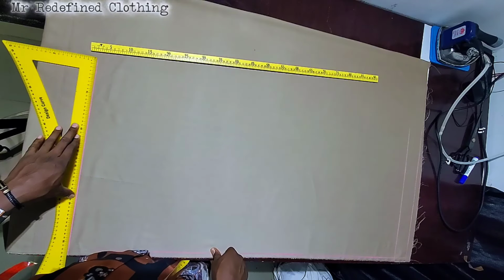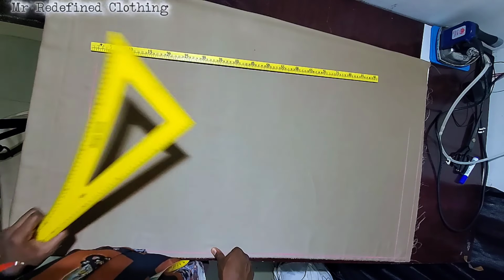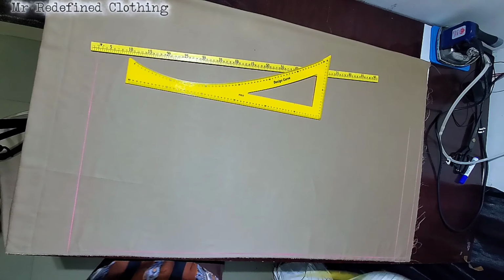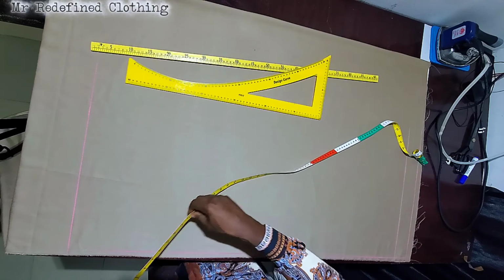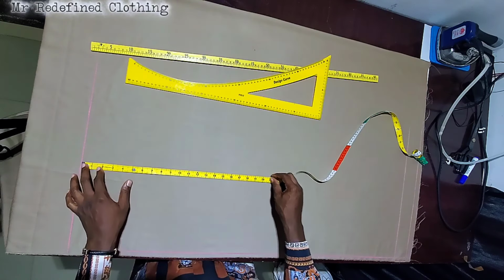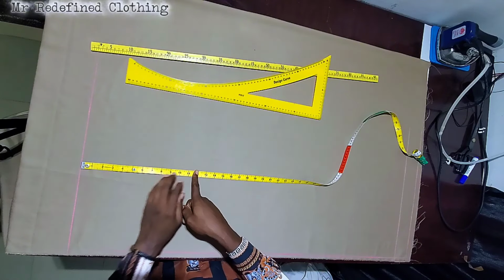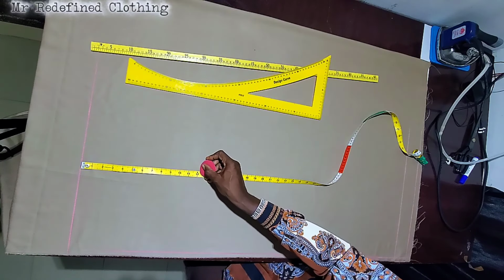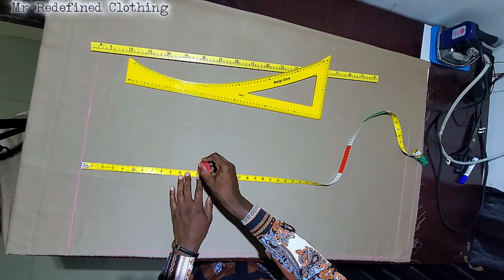So after you have gotten to this point, the next you will get is your crotch depth, right? Now, dividing the hip by 4, the formula we use. So hip 49 divided by 4 is 12 1/4. In this case, I will just use 12. I ignore the 1/4.